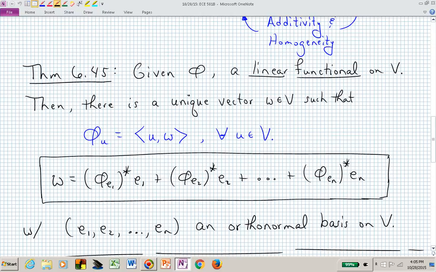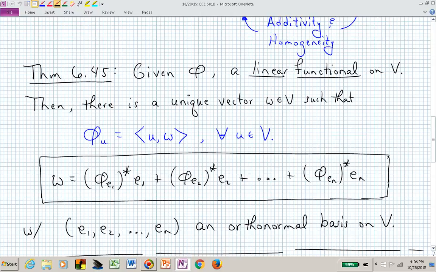Those scalars then weight their corresponding orthonormal vectors E1, E2, up to E sub n. We showed via a proof where that came from, and that this boxed formula is in fact the formula to create this unique vector W.